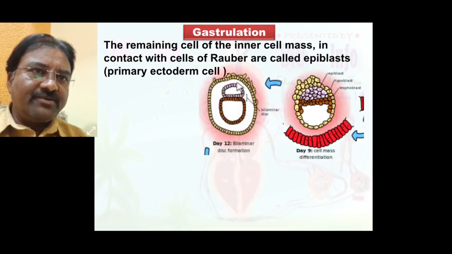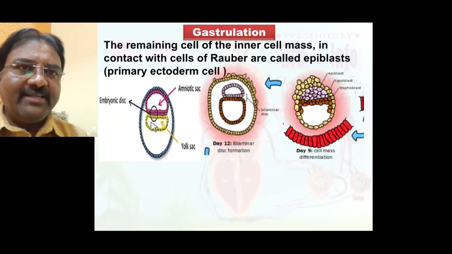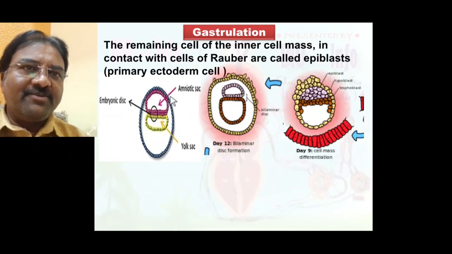So this is the ectoderm developed from epiblast cells. Here we see both layers completely developed. You know, the endoderm is developed from hypoblast cells, and here the ectoderm is developed from epiblast cells.